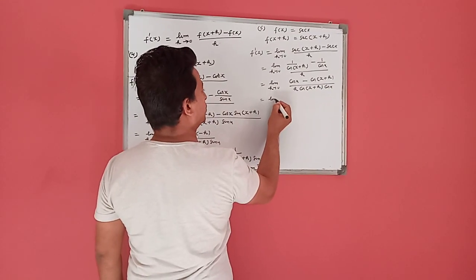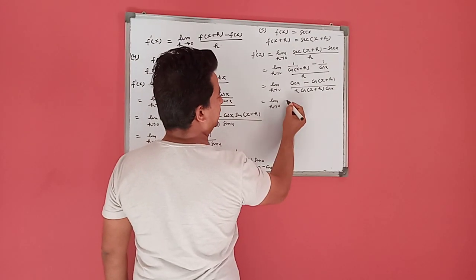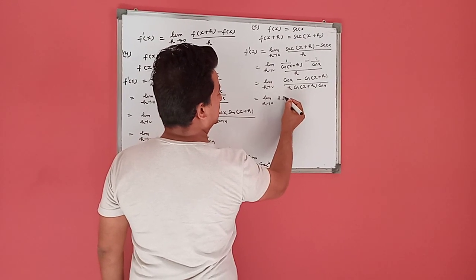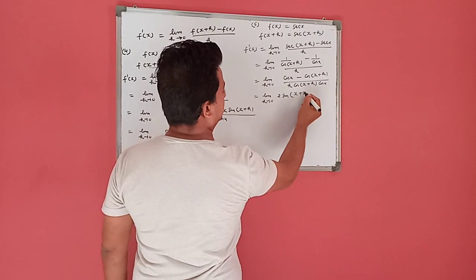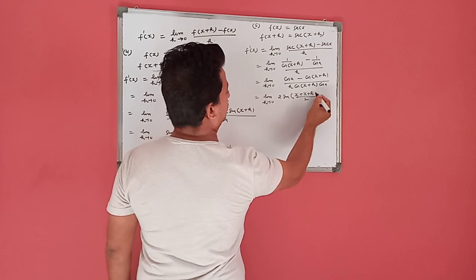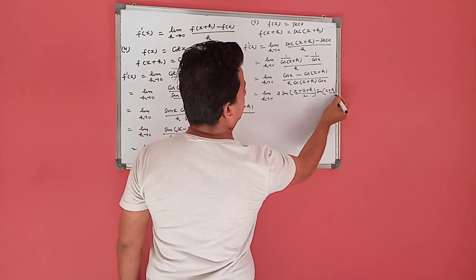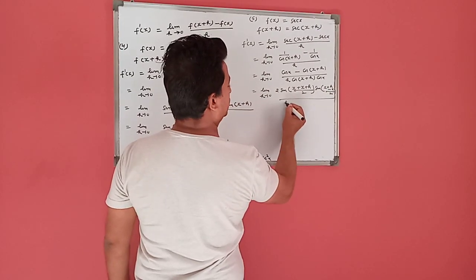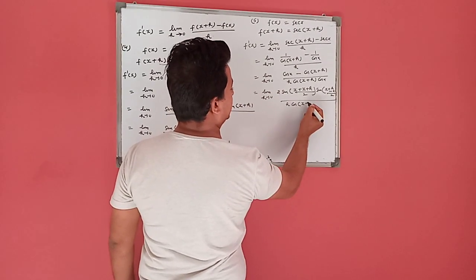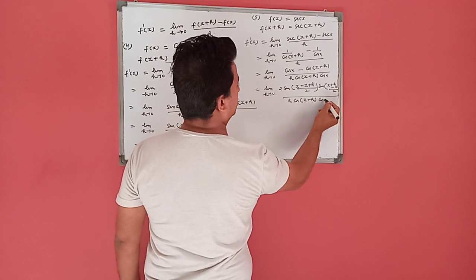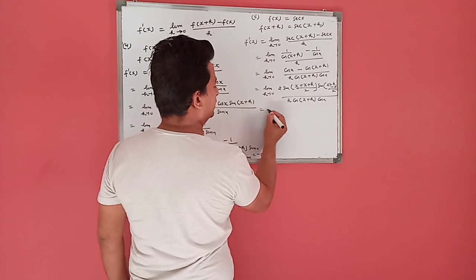As we know, cos C minus cos D is 2 sin((C + D)/2) into sin((D − C)/2). Here we use D minus C, D minus C upon 2. The denominator is cos(x + h) into cos x. This cancels out.